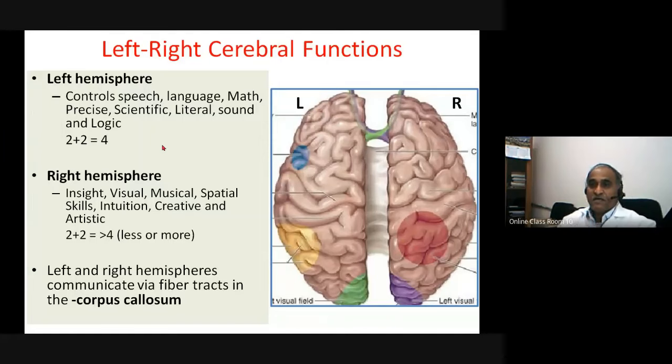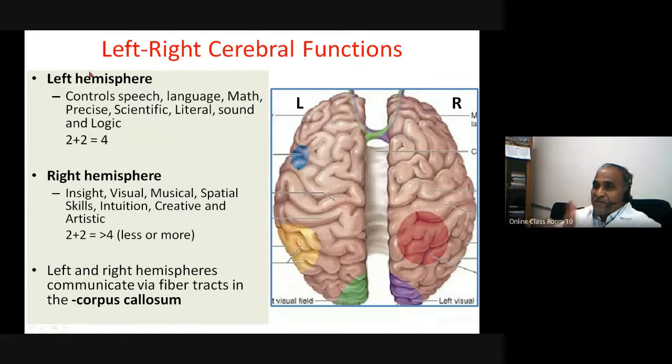The right hemisphere is philosophical, creative, artistic, intuitive, and musical. So you can have what I have written here: 2 plus 2 is greater than 4. That means it imagines more than 4. Here it is precise, exactly 2 plus 2 is equal to 4.